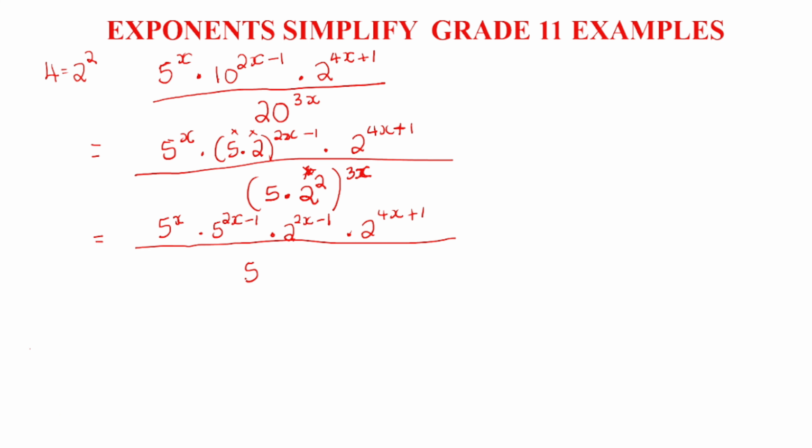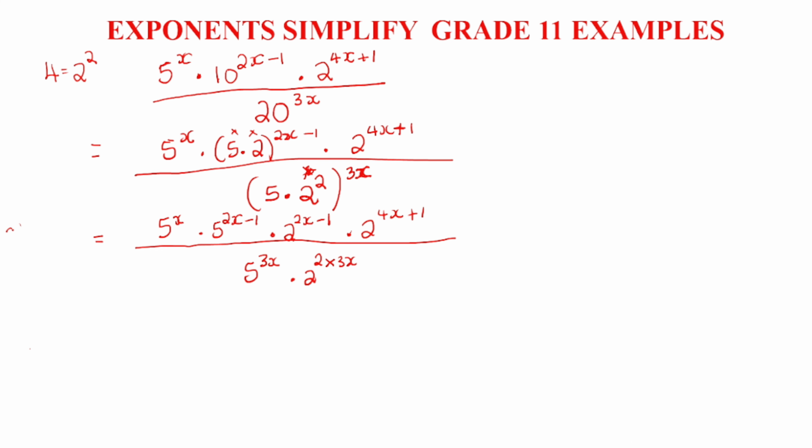You're going to have 5 to the power of 3x, and then here also you are going to have 2 to the power of 2 times 3x. Maybe I should have written it a bit farther from here so that you can see.